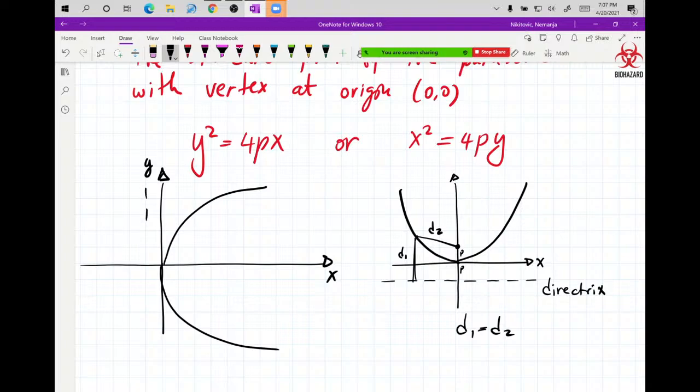Now I'm going to draw the directrix and focal point here, and just pick a value somewhere, say d1 equals d2, and it has my P, and here's my P, and this is the focal point, and again this is the directrix line.